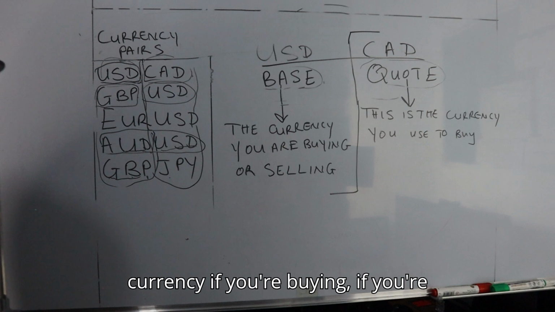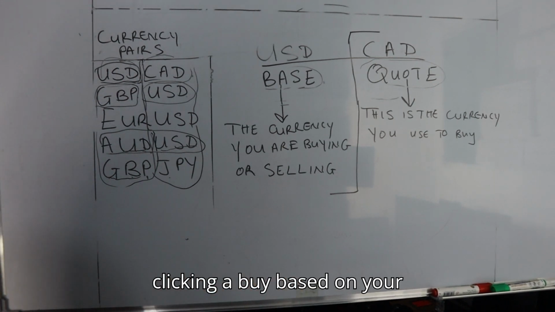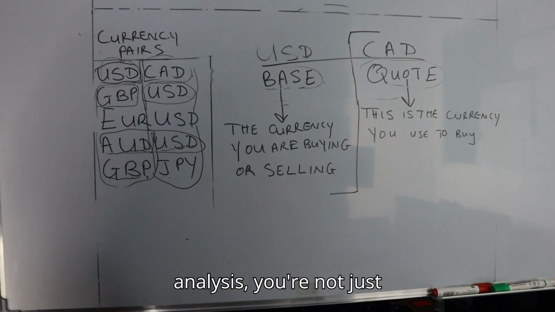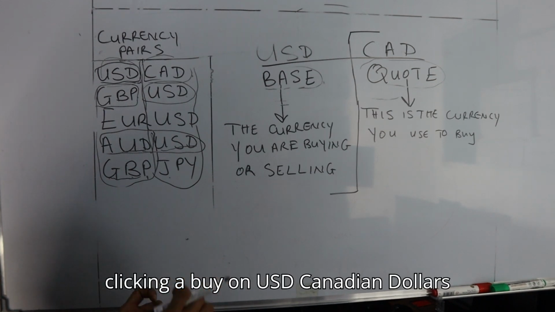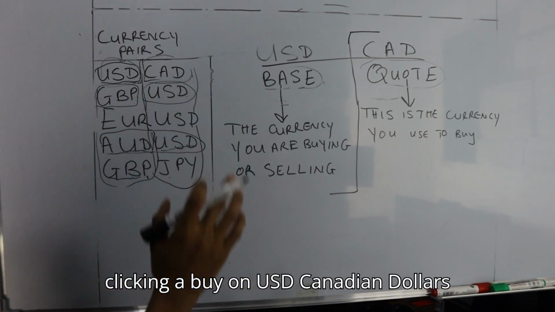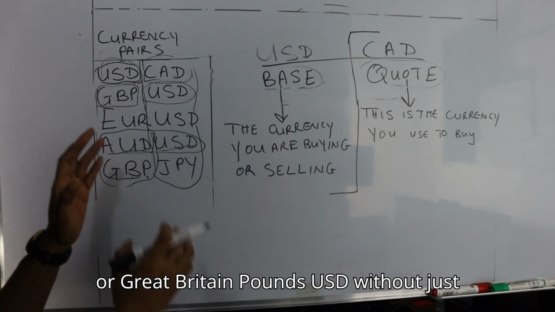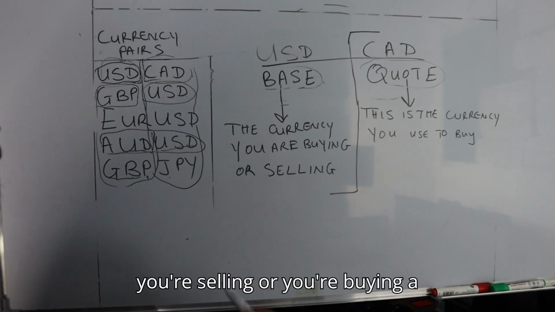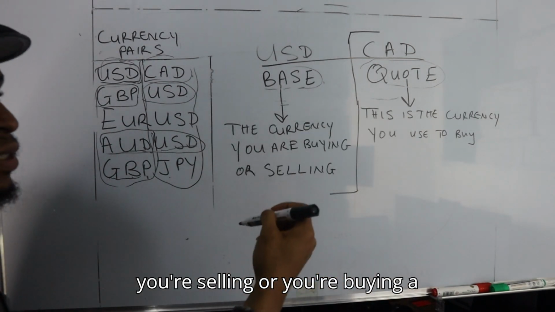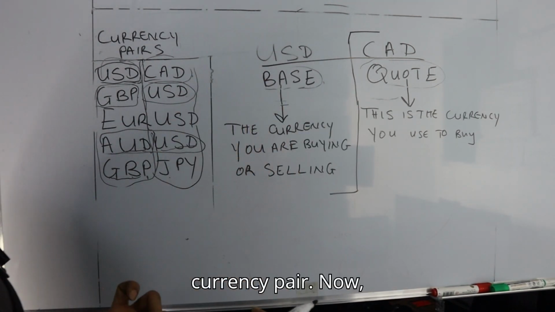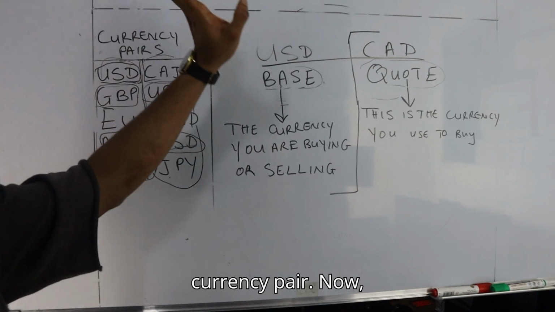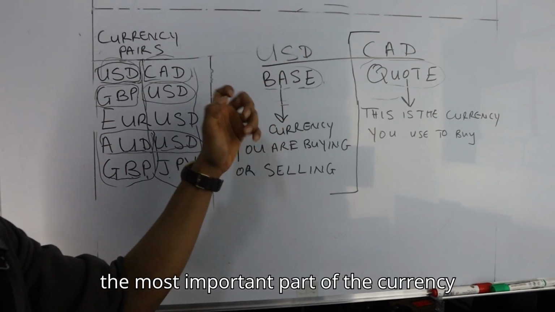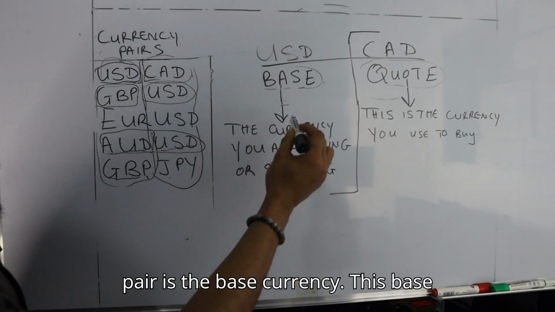If you're clicking a buy based on your analysis, you're not just clicking a buy on USD Canadian dollars, or Great Britain pounds USD, without knowing what's happening. It means that you're selling or you're buying a currency pair. Now, the most important part of the currency pair is the base currency.